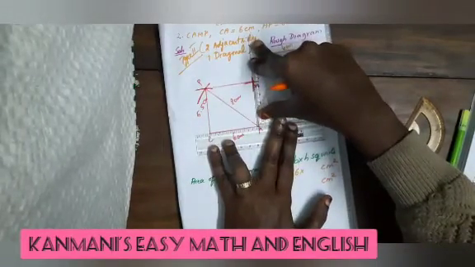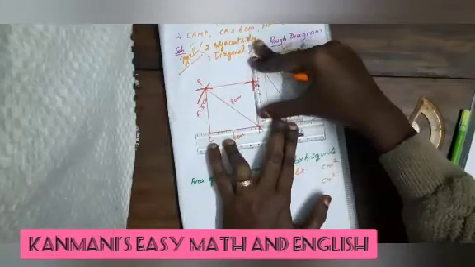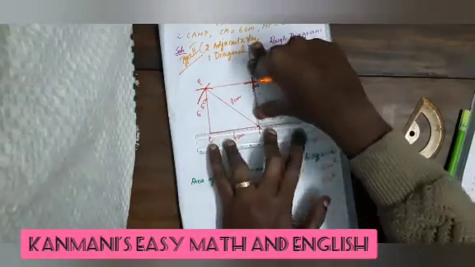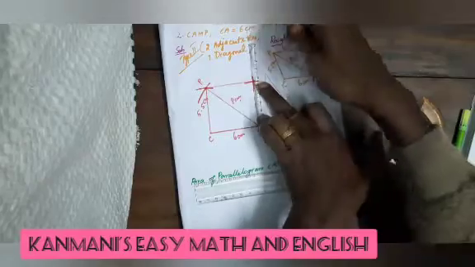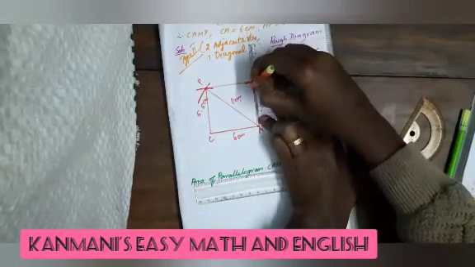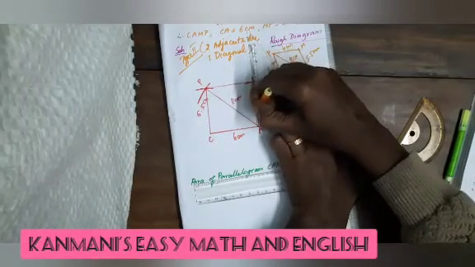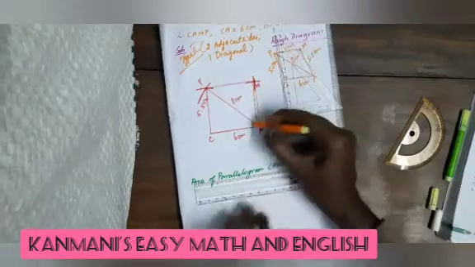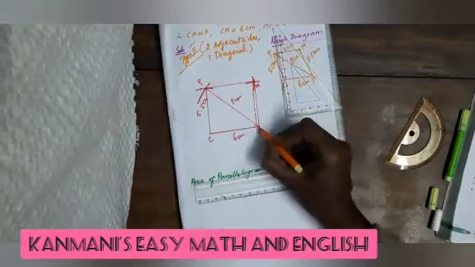So from M, you can draw a dotted line so that it meets the base.